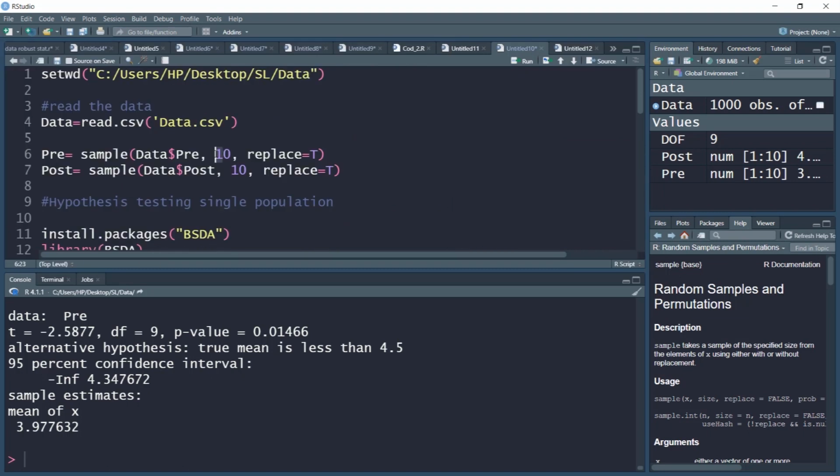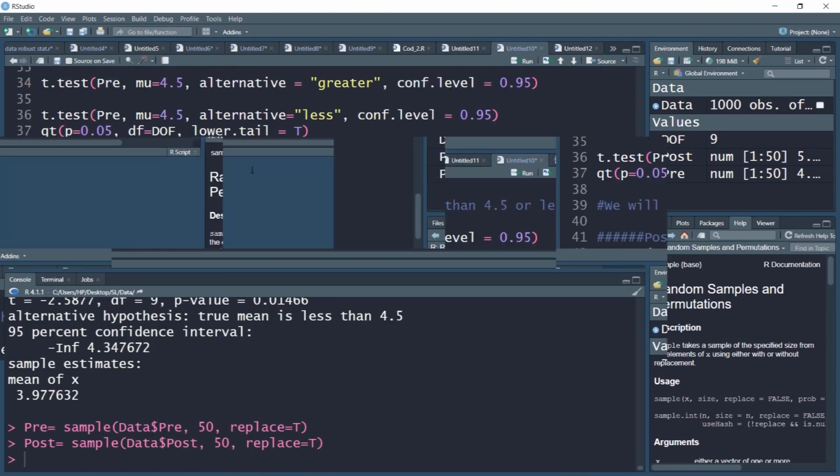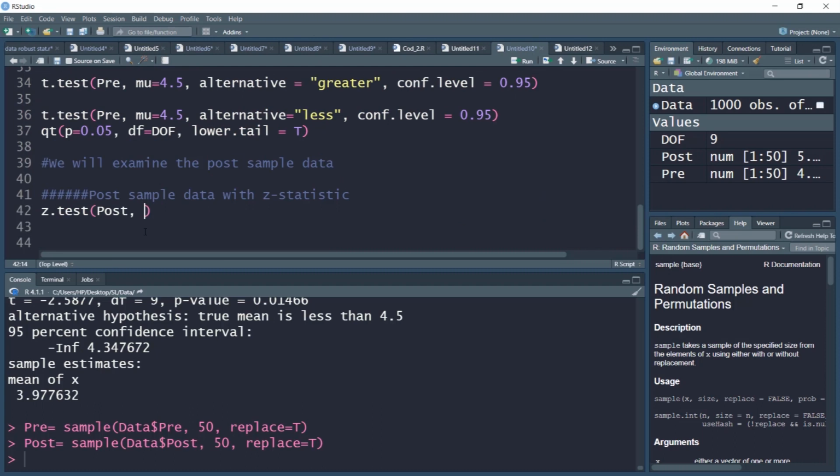So we'll extract 50 observations, and then we'll put a mean of 4.5. The alternative argument we can set as two-sided. So first we'll start with two-sided. That means whether the post-sample data has a mean of 4.5 or it is different than that. We'll again set our confidence level as 0.95, which means a significance level of 0.05.